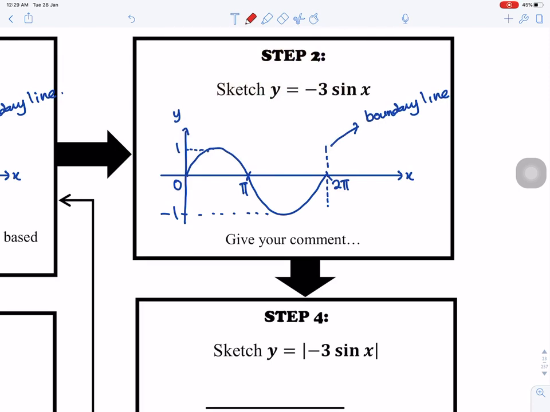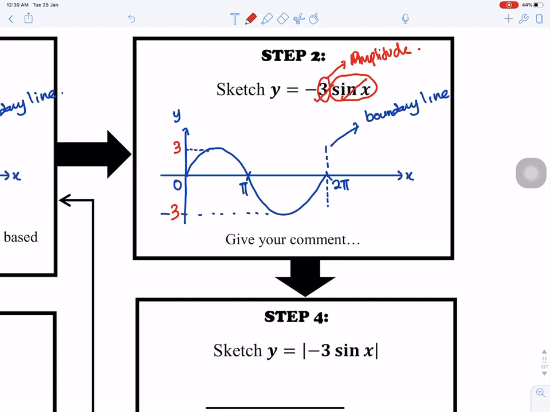So we already sketched the graph for sin x, and the amplitude is 3, so we can erase the value of 1 and replace it with 3 and -3. Okay, finish. Sin x, amplitude 3.